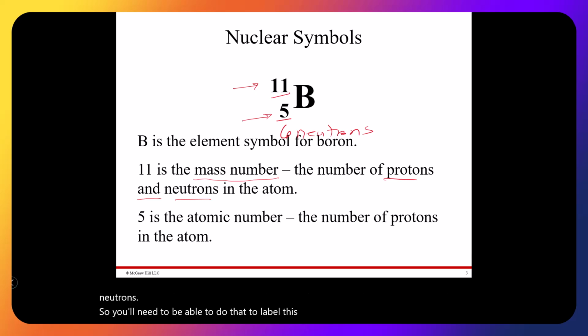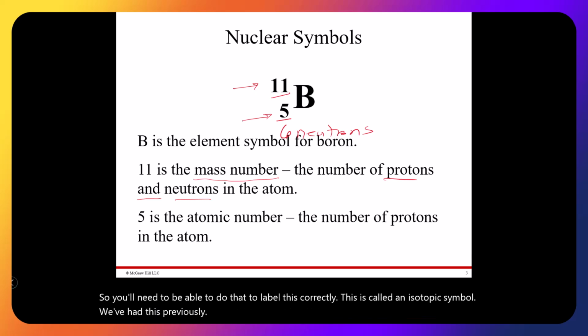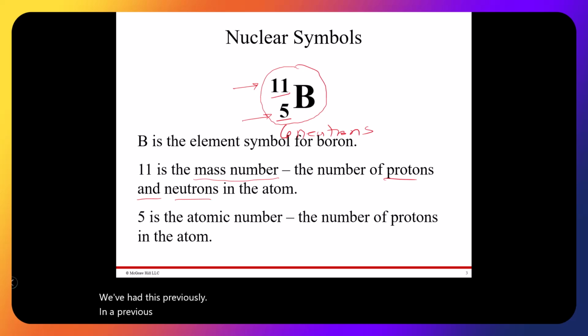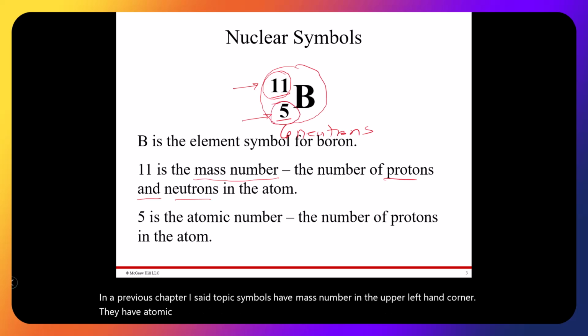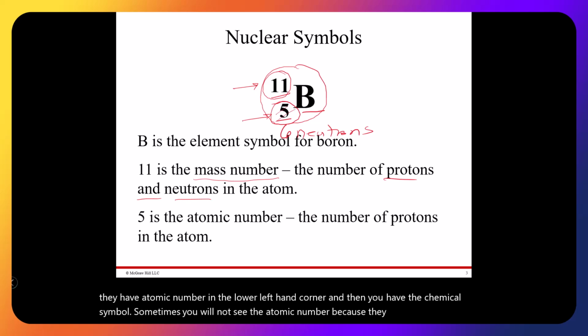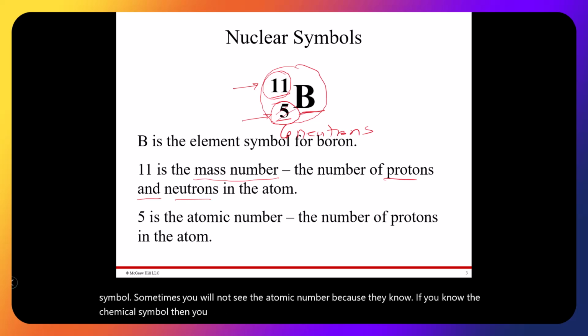This is called an isotopic symbol. We've had this previously in a previous chapter. Isotopic symbols have mass number in the upper left-hand corner. They have atomic number in the lower left-hand corner, and then you have the chemical symbol. Sometimes you will not see the atomic number because if you know the chemical symbol, then you know what the atomic number should be, or at least you can look it up on the periodic table.